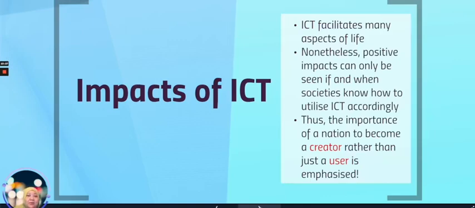So this is what it means by if and when societies, as the users of ICT, know how to utilize ICT accordingly. Thus, the importance of a nation to become a creator. This is very, very critical. Rather than just a user of ICT, you have to become a creator.